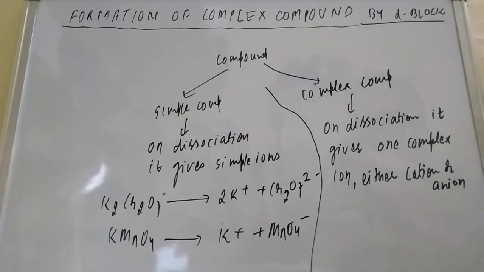How will you know which one is the complex? On dissociation you will know. And the complex ion is represented in square brackets.